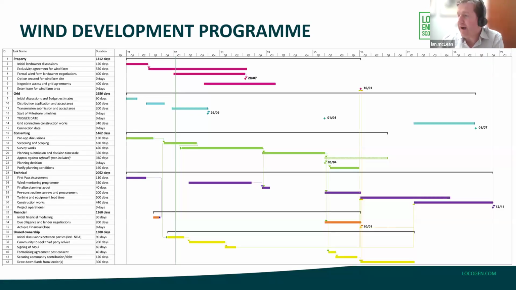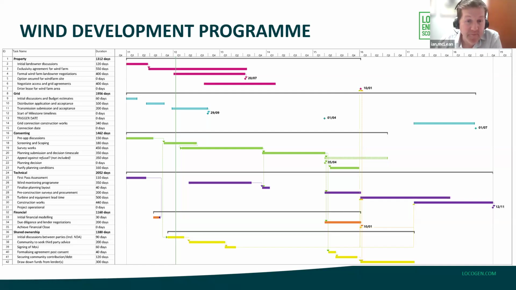So moving on, we have here the wind development program. We've managed to keep the color schemes going throughout, so hopefully that helps. Again, we've got the 6 different work streams down there, and this sets out the key works within each of those work streams.